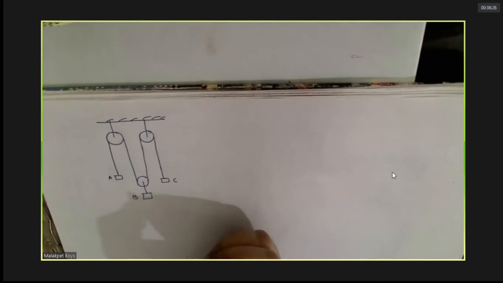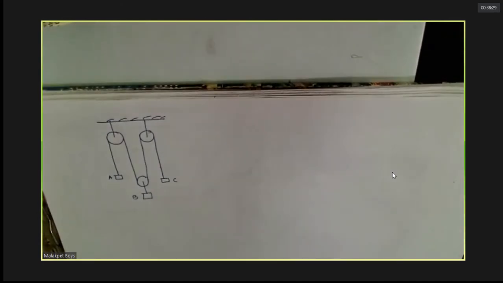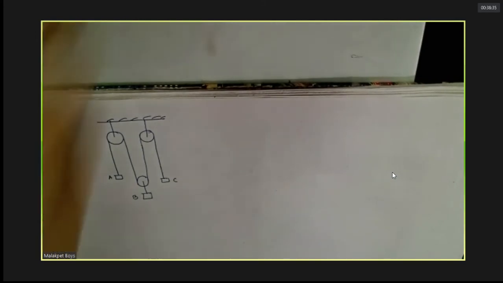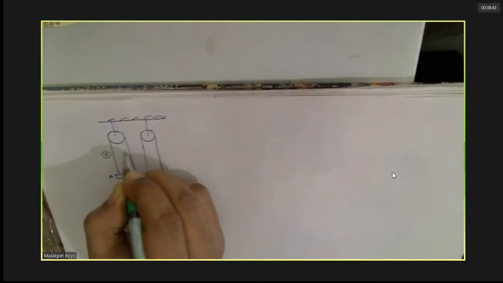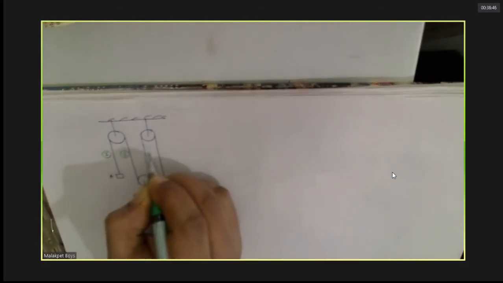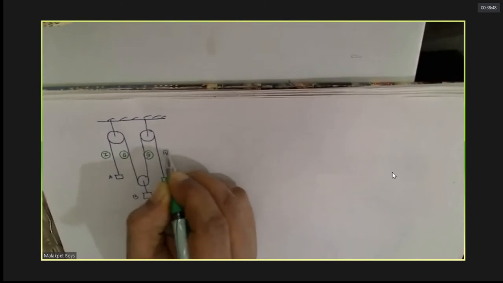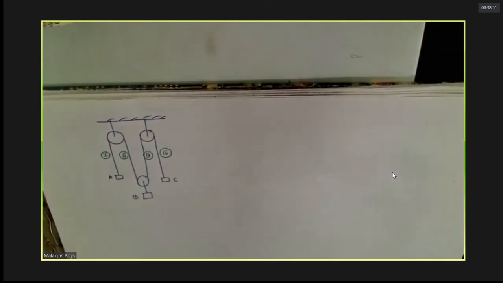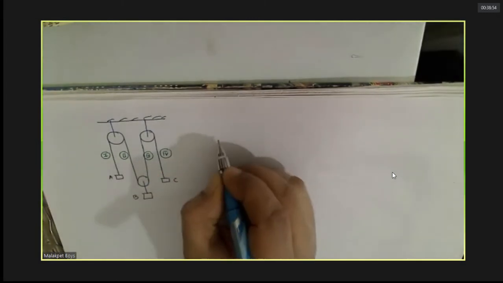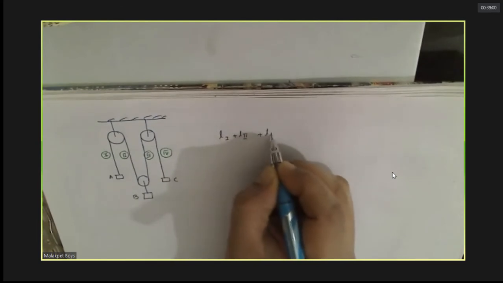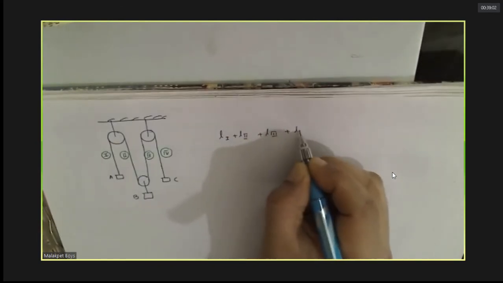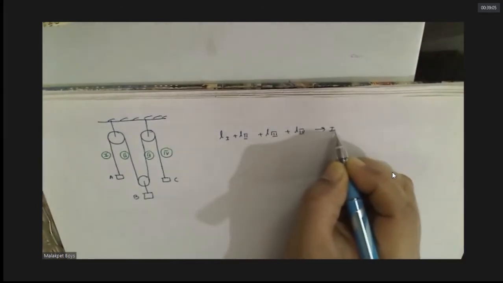Find the constant relation. Relation between accelerations. So here also the same thing. This part I'll take string 1. Now I'll call this the initial length of the string.